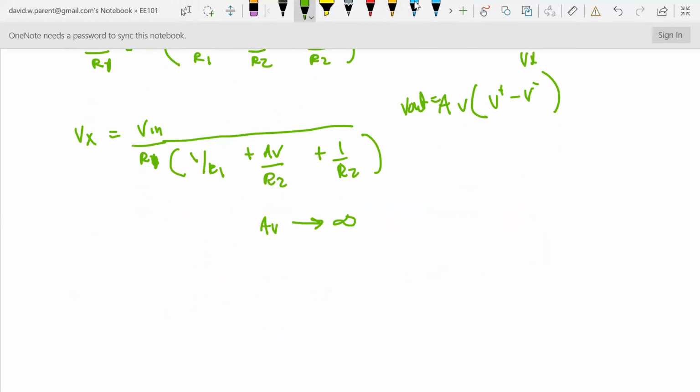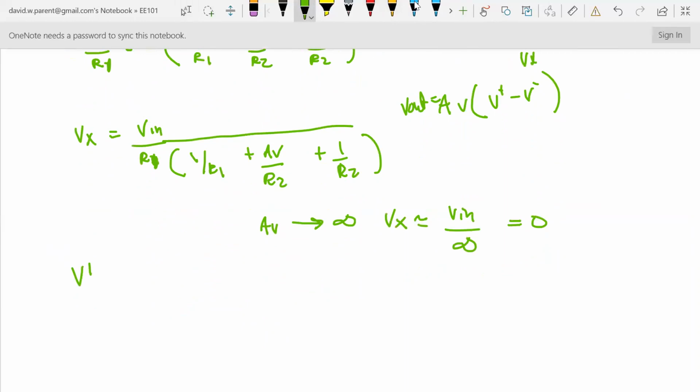Well, when AV over R2 is bigger than the sum of these two things, they're going to drop out. But then notice, as AV gets larger and larger and goes to infinity, we're going to be getting Vn divided by infinity. And so Vx is going to be equal to 0.